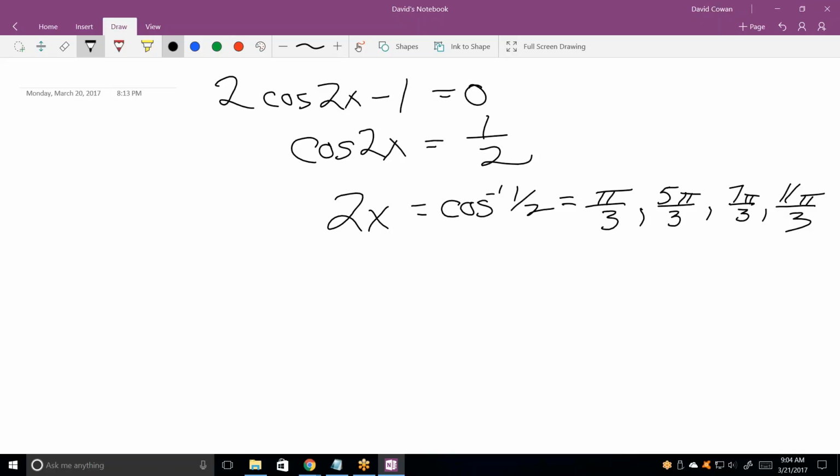Now, that's 2x. So x must be pi over 6, 5 pi over 6, 7 pi over 6. So now define it as a k-series or n-series, whatever you use.